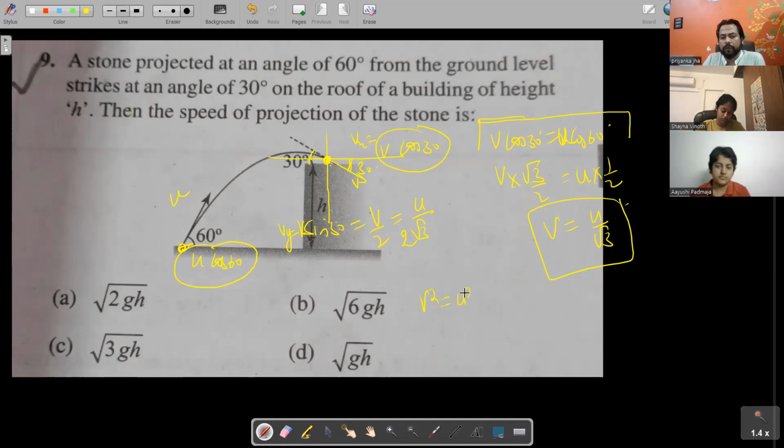Now, apply this formula. V square equal to U square plus 2AS, but all will be along the y-axis.